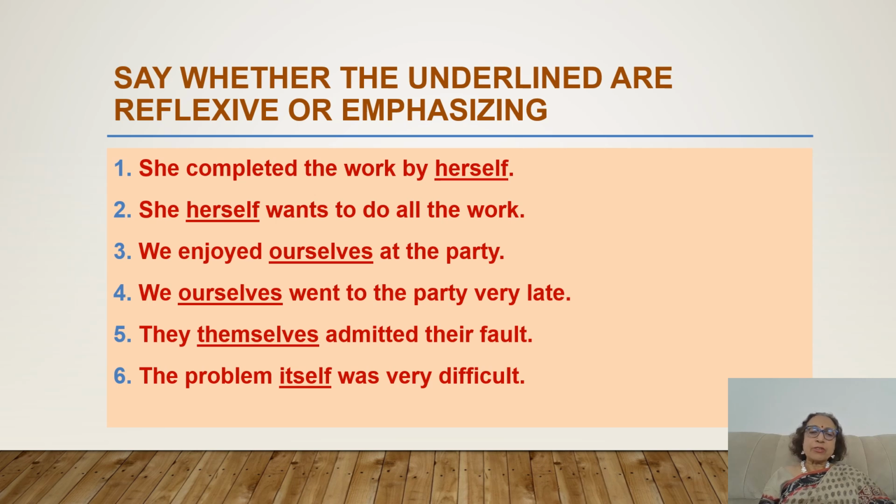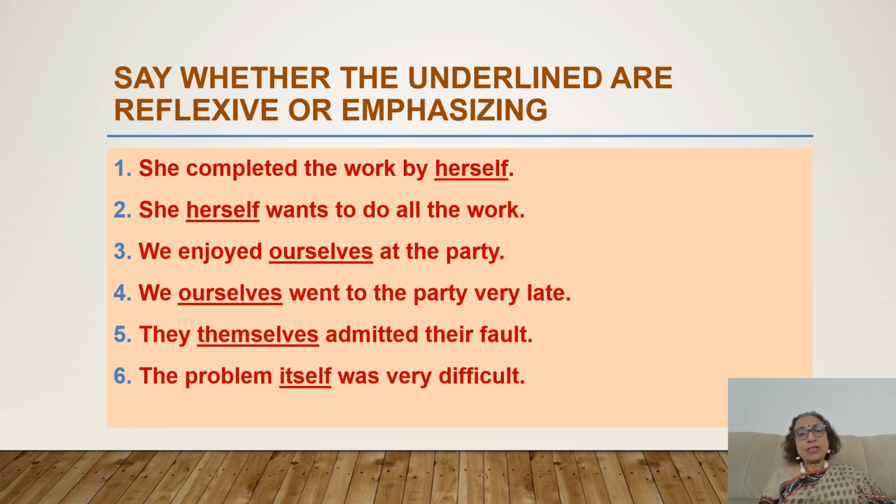We enjoyed ourselves at the party. We ourselves went to the party very late. They themselves admitted their fault. The problem itself was very difficult. So these are 6 sentences where the emphasizing or reflexive pronouns, which are the same pronouns, are underlined.